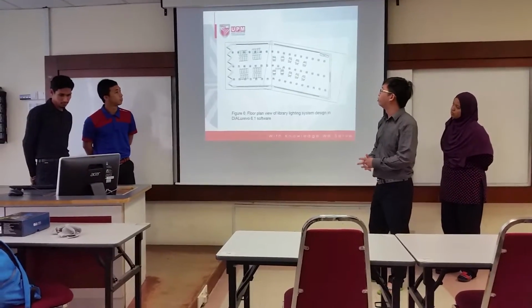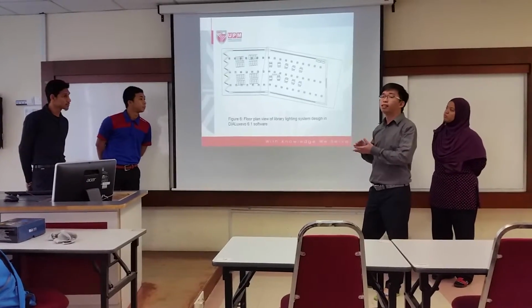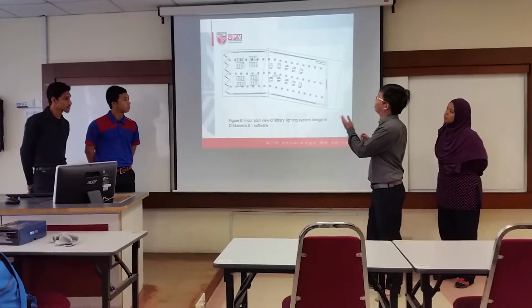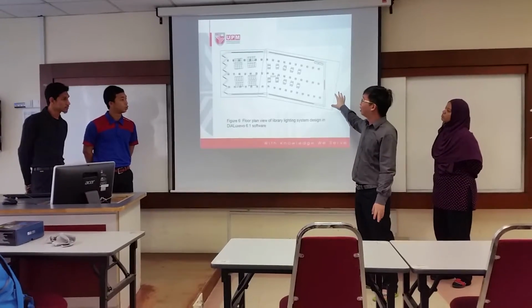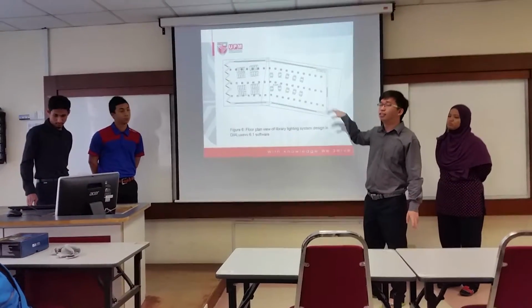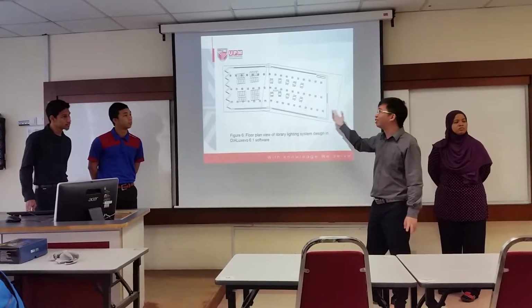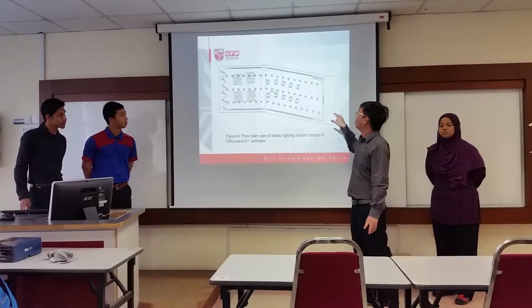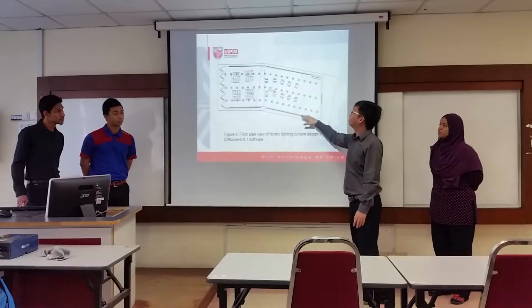This is the floor plan view of the library lighting system design. We designed it in DIALux evo 6.1 software based on the design we calculated just now. We just put it inside the software.